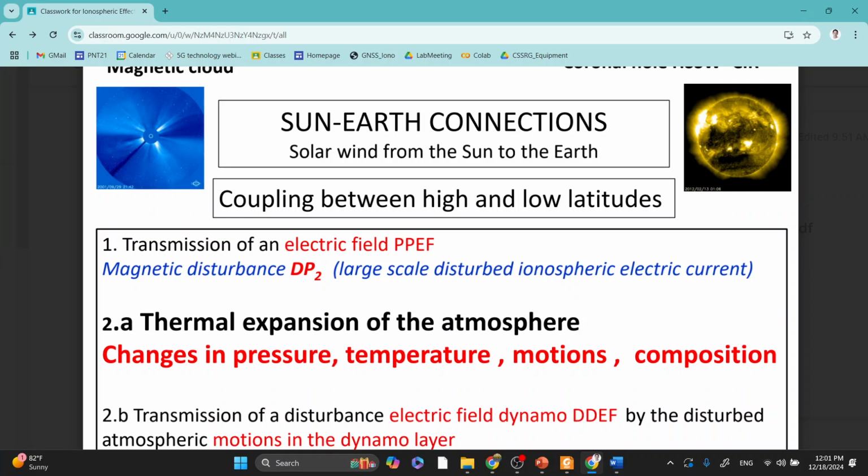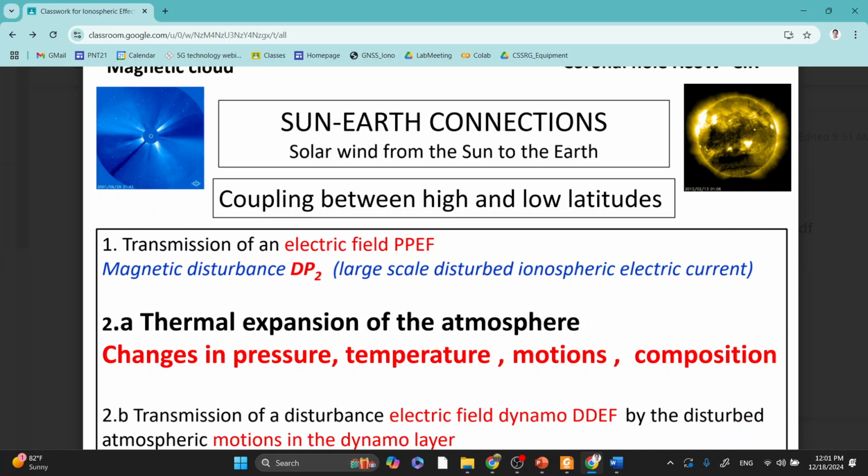The most we look at is maybe the geomagnetic storm, right? The Kp index and so on. Occasionally, when there is a solar storm, maybe we look at the Dst index as well. But it's always well known that there's a sun-earth connection. There's always a coupling between high and low altitudes or latitudes.